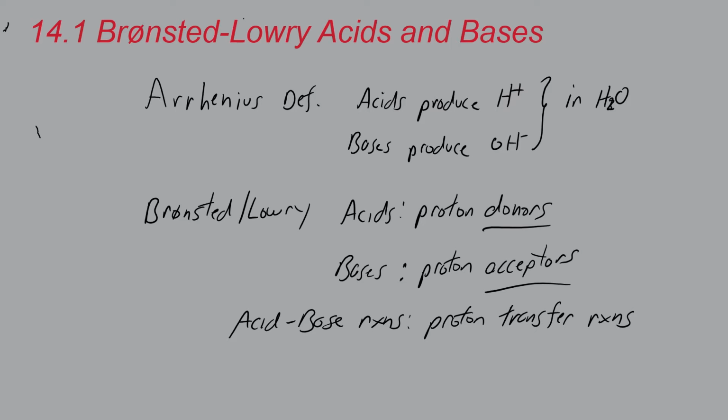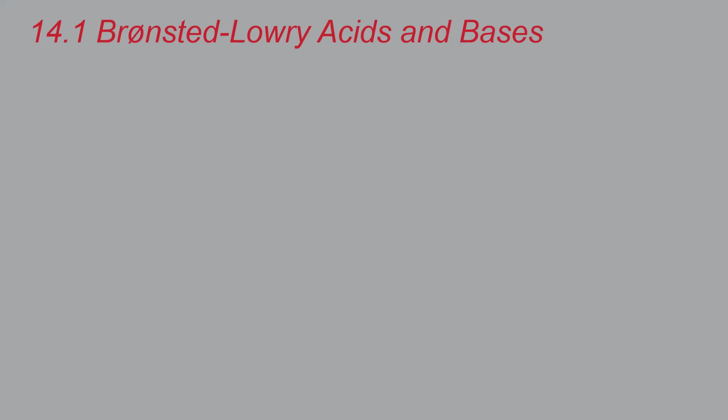All right, and before we go much further, I want to talk a little bit about when we talk about acidic species, what is actually in that beaker that you've got labeled acetic acid?